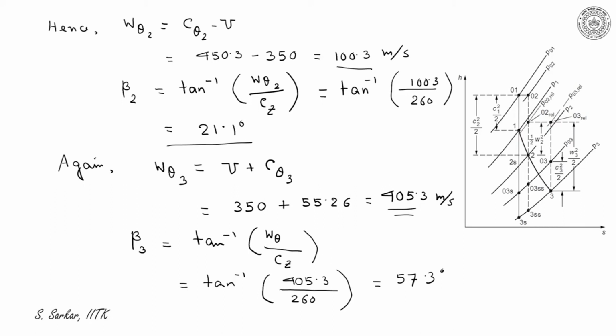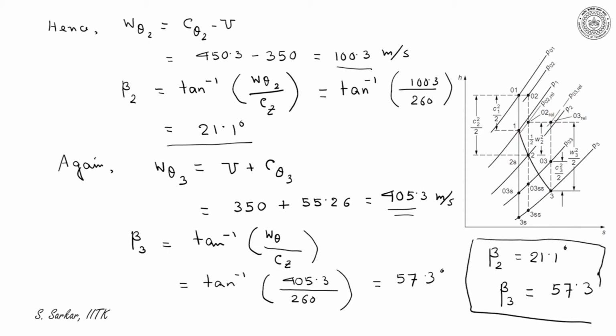Thus, I have evaluated beta 2 as 21.1 degree and beta 3 as 57.3 degree, which have been asked for. So the first part of our problem is done.